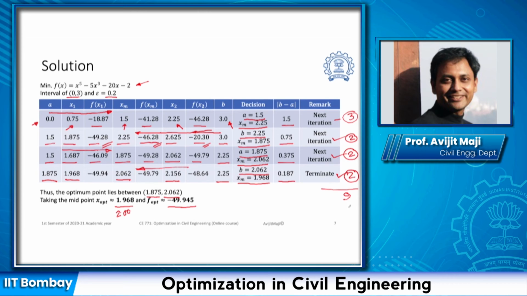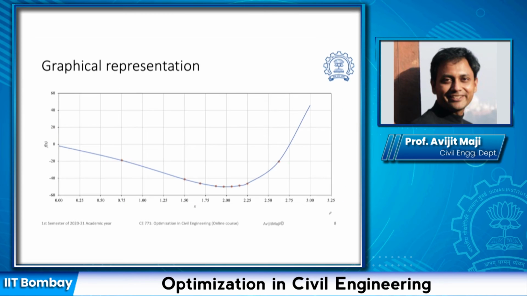So as I said, in this case we are evaluating the function values 9 times to come to the level of precision we had chosen. Let us look into this solution in a graphical format. In this graphical format, you will see that our initial boundary was 0 and 3.0.